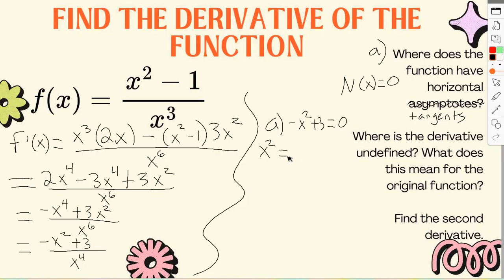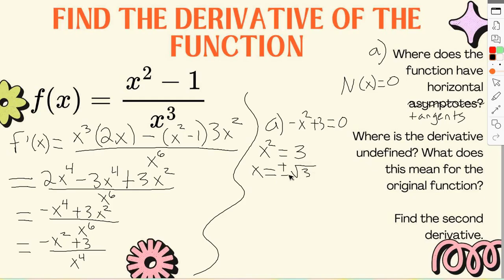Square root. Not yet. You gotta divide by a negative first, right? So we would get a positive 3. So subtract 3 divided by negative 1. Then I can take the square root, and what do we get? x equals square root 3. Almost. Plus or minus square root 3.